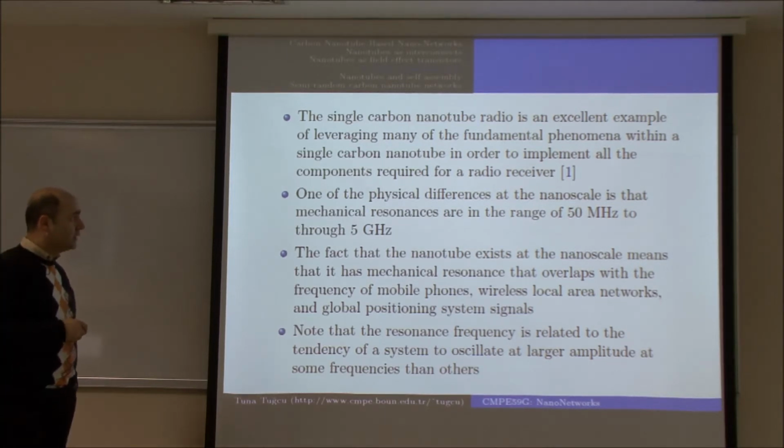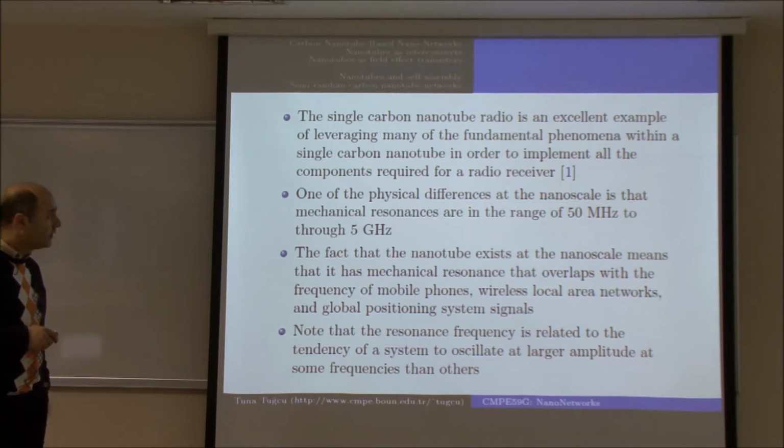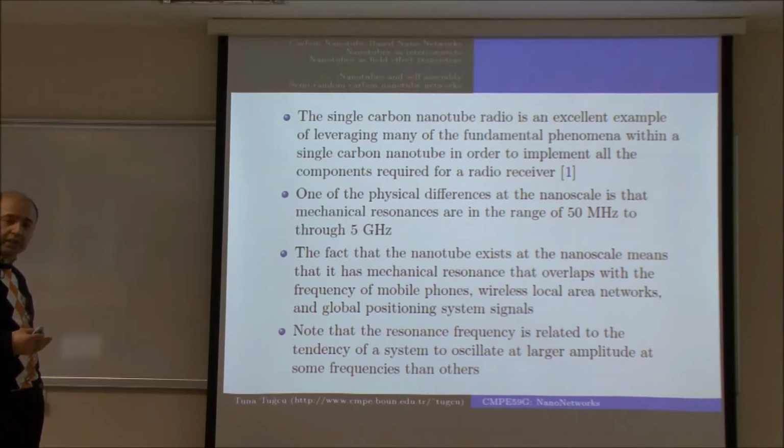One of the physical differences for the nanoscale is that the mechanical resonances at the nanoscale are in the range from 50 megahertz to 5 gigahertz. This is actually very useful for us because this range is the range at which our regular human scale wireless devices are operating. Like the cellular phones, Wi-Fi, and most other electronic equipments are already using this range.